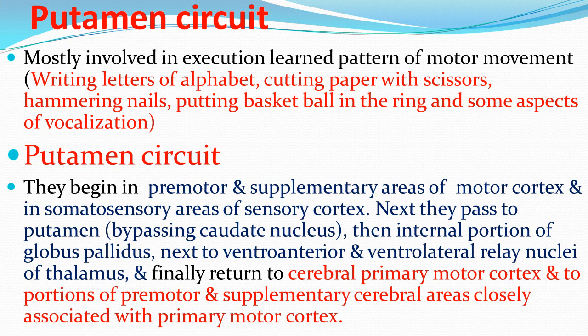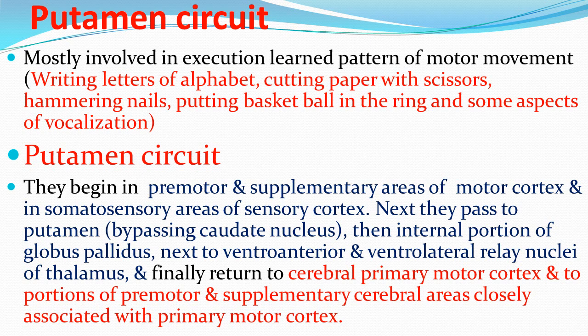Okay. Once we plan to take action, suppose we plan to write the letter A, the cerebral cortex sends impulses prior to the execution of the function to the putamen.